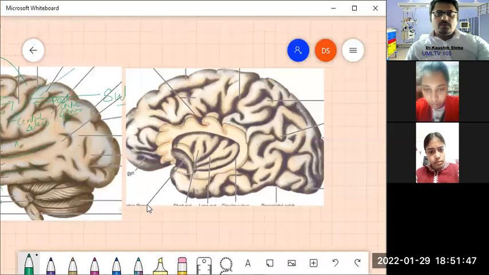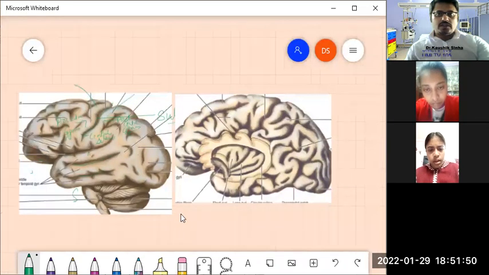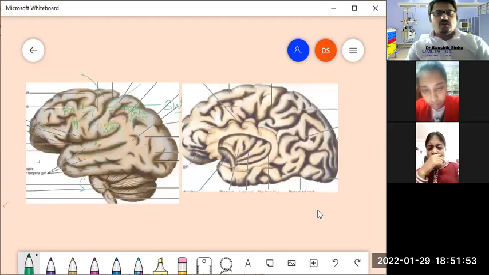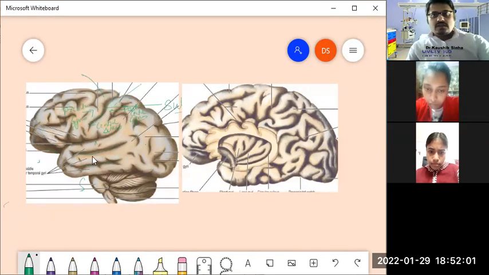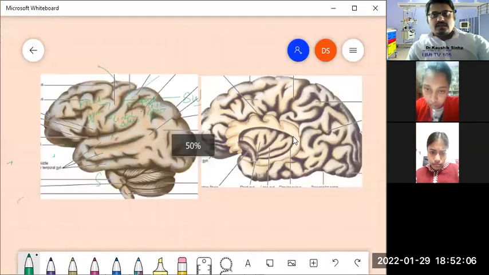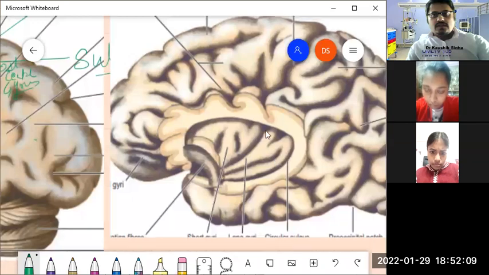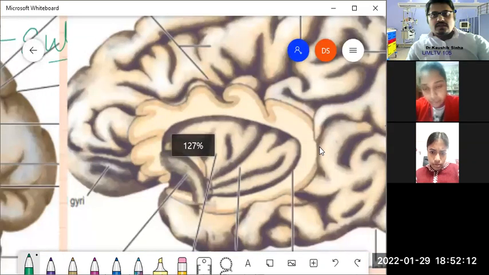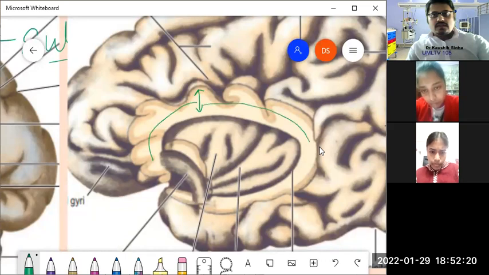If I keep these two diagrams side by side, you will find that there is only one single difference. That difference is that the temporal lobe, this one, has been removed in this part. And on removal, what we see now is the thickness of the layer which appears in the folds of the sulci and the gyri.